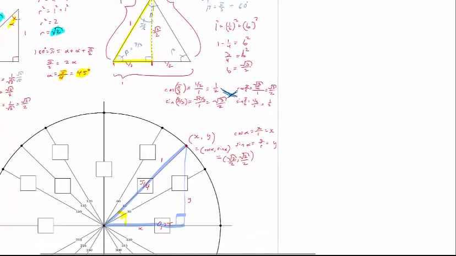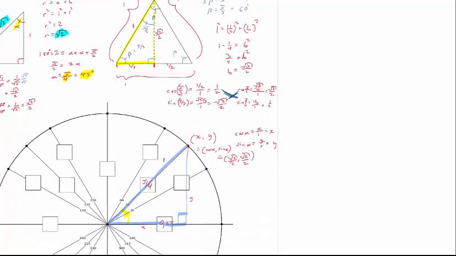Alright, so let's go ahead and take a look at this. We're now looking at this first angle. That first angle is going to be pi over 6. That is 30 degrees. And so what was the cosine of pi over 6? That was √3 over 2.